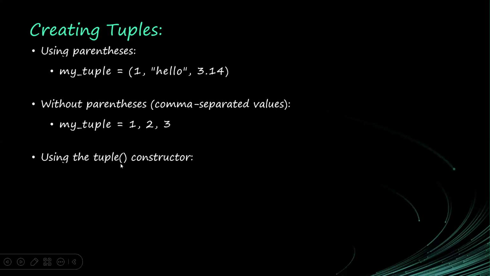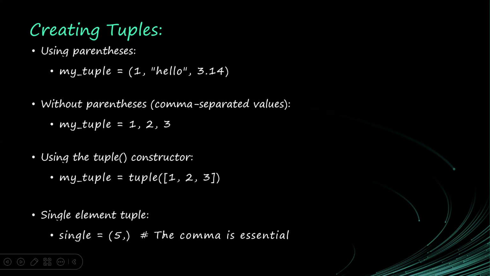You can also use the tuple constructor function, all right? When you're doing that, you'll be passing a list, because the tuple function converts whatever you give to it to a tuple. Just like we use the list constructor function, you can also use the tuple constructor function.